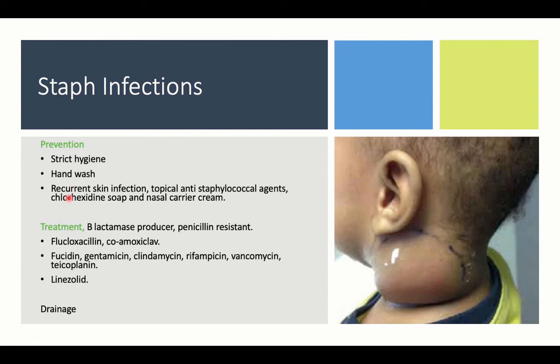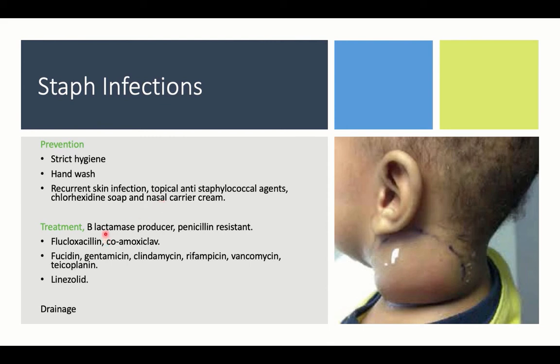In case of recurrent skin infections presenting in a child, the decision would be the use of topical anti-staph agents plus chlorhexidine soap and nasal carrier cream in a trial to eradicate the carrier state to guard against recurrent staph infections.